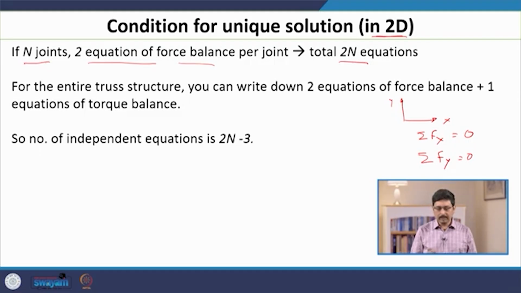Now, if you consider the full truss structure as a whole, looking only at the external forces, then for the whole structure you can again write down two equations of force balance, and you can choose a pivot point and write down one equation for torque balance. Why one?